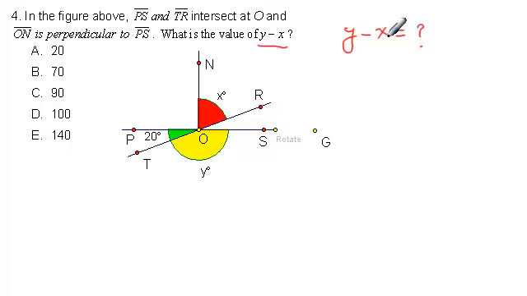So to find the measure of angle x, this vertical angle is 20 degrees because they are vertical angles, and as it says ON is perpendicular to PS, that means angle NOS is 90 degrees.